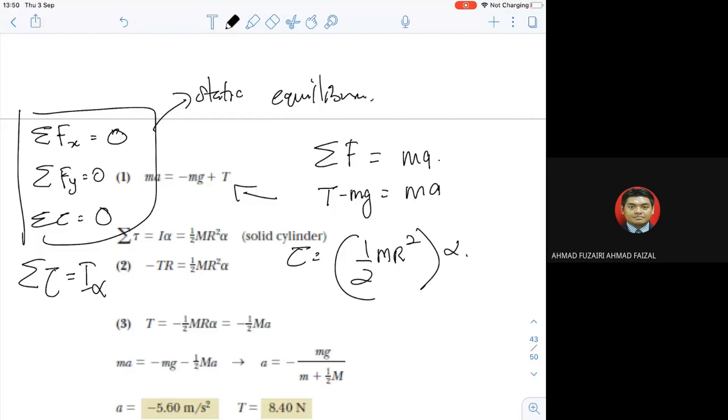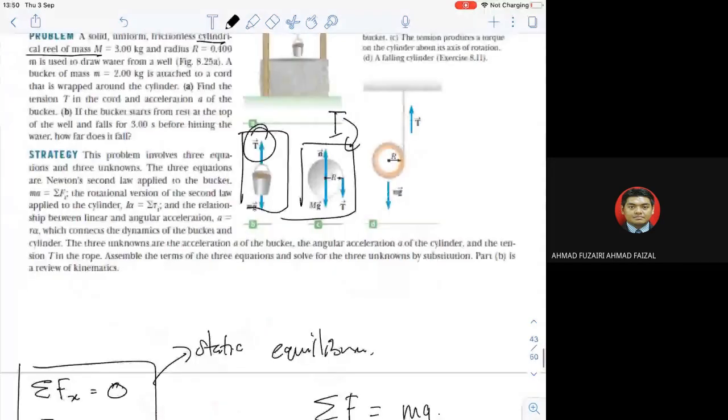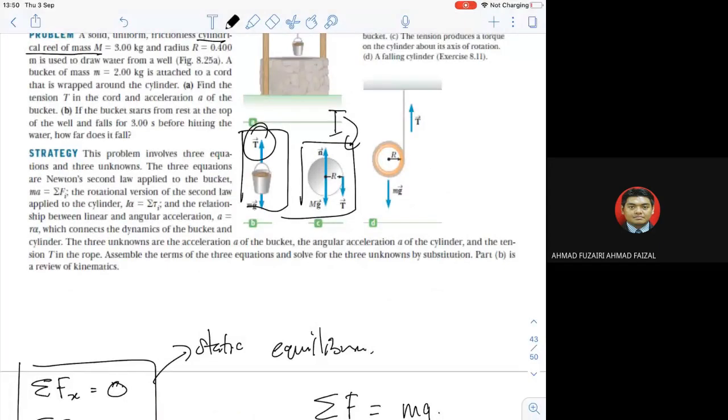So what happens next is, based on the torque on this part, you know that the torque has R here, and this is the center of rotation. The torque is based on the rope being pulled downwards, that is the tension. Here we see the rope that holds the pail, so here is mg.